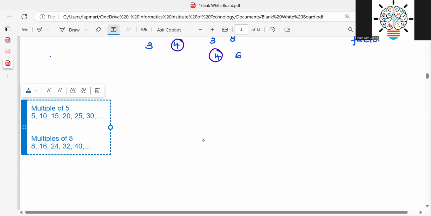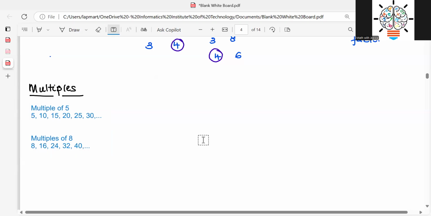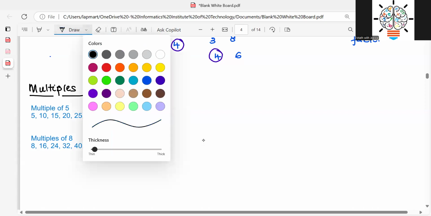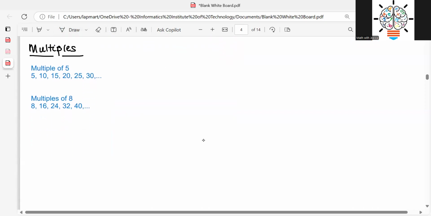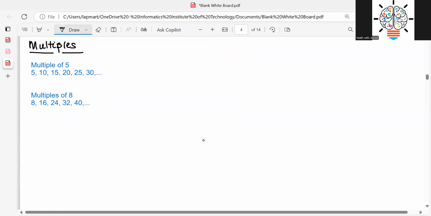So then if you want to write the common multiples, the lowest common multiples, again, different teachers explain different methods for this, but I prefer this method. The lowest common multiple, or else we call this the LCM, right?